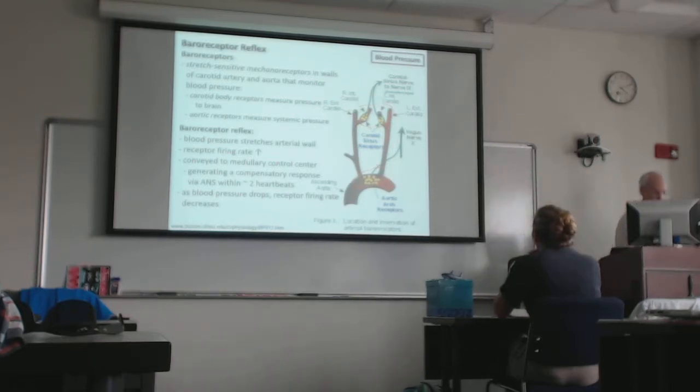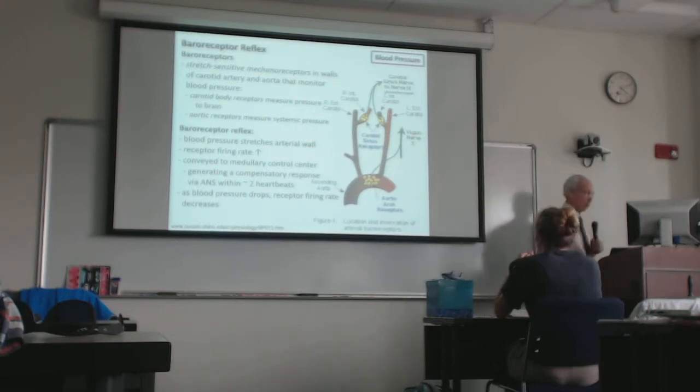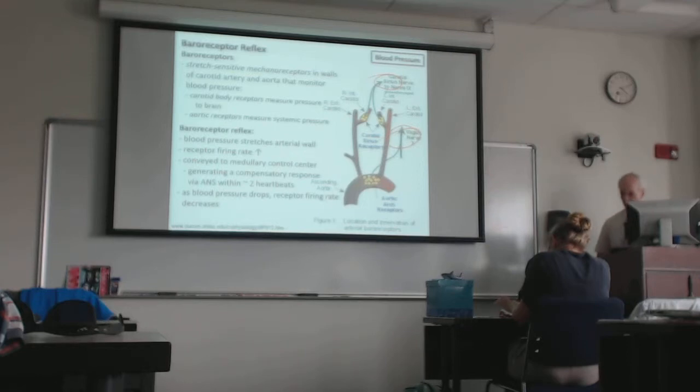Basically, they're just stretch receptors, and they're monitoring the distension of the vascular wall. So as the aorta stretches, as the carotid sinus stretches, that will increase the frequency of action potentials sent either along the vagus nerve from the aorta or the cranial nerve 9, the glossopharyngeal, from the carotid sinuses. And of course, those signals are going back to the brainstem.